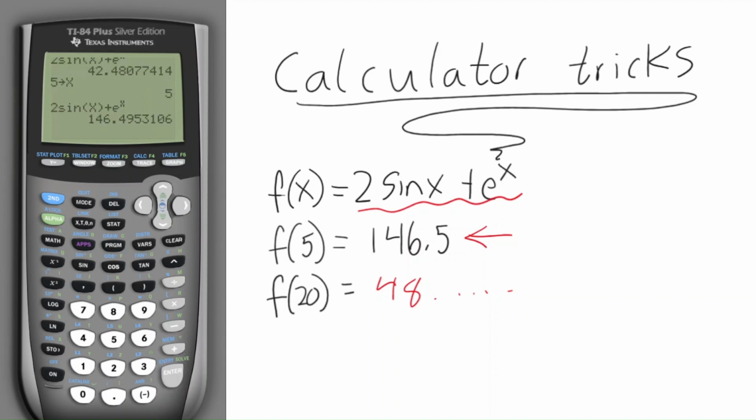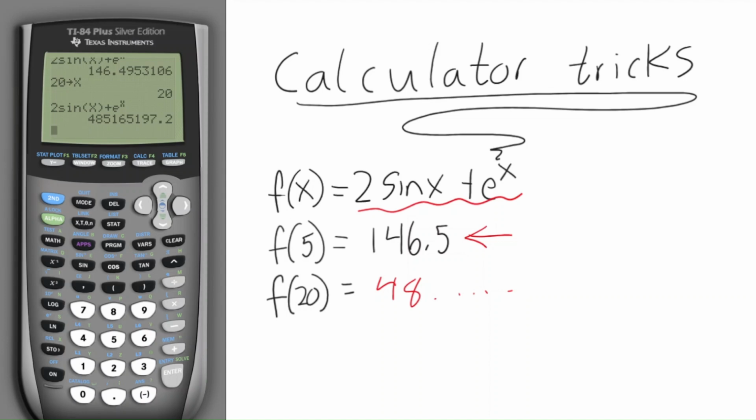Then I hit enter, and now I get that 146. This is the method I usually use, because now if I want to plug in a different value, say 20, I just type in 20, store as x, enter, and then I do second enter twice, and then I'm back there. And I got my big old nasty number that I got before. This is the method I usually use.